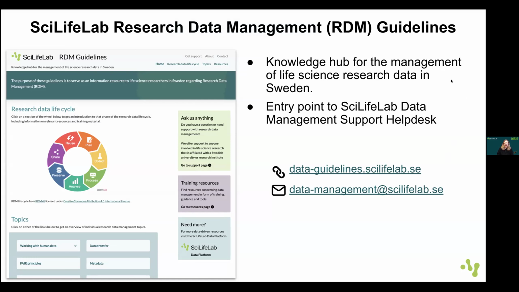This acts like a knowledge hub for management of life science data in Sweden. And it's also an entry point for our support help desk. So you can always send an email to data-management@sciliflab.se, and we will help you with any question that you have.